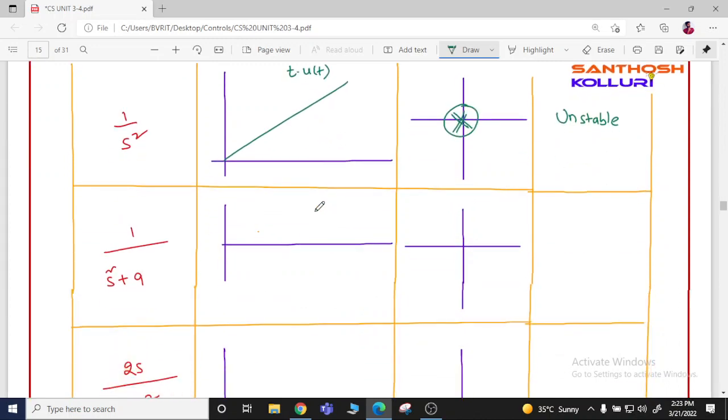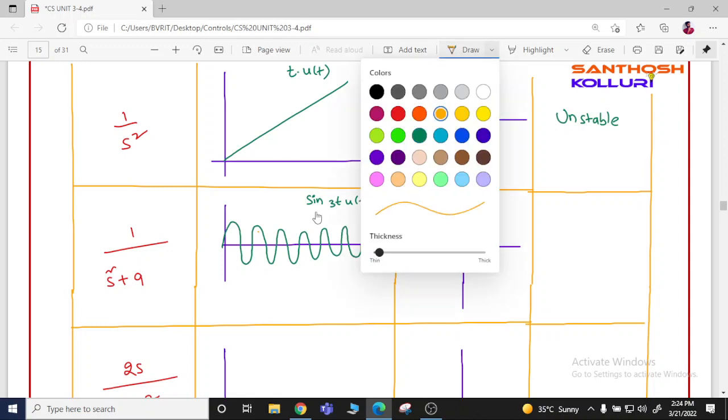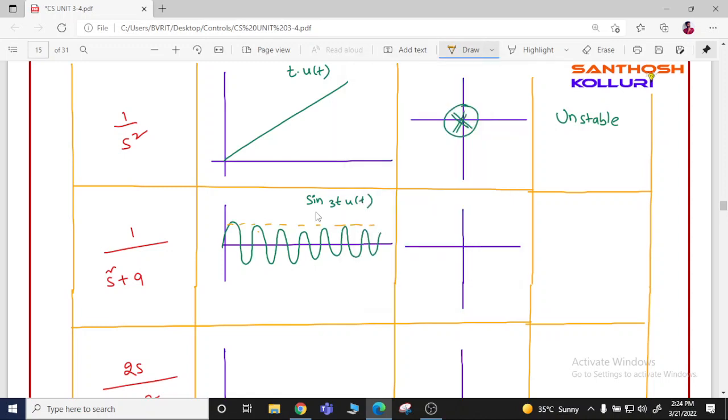And 1 by s square plus 9, the impulse response is sine 3t into u of t. It's a sinusoidal waveform having fixed oscillations. So these are continuous oscillations.